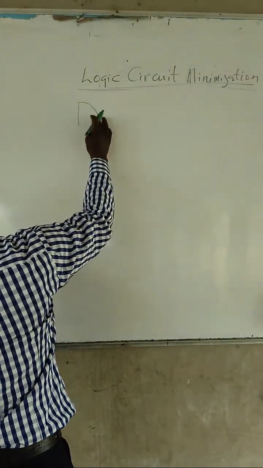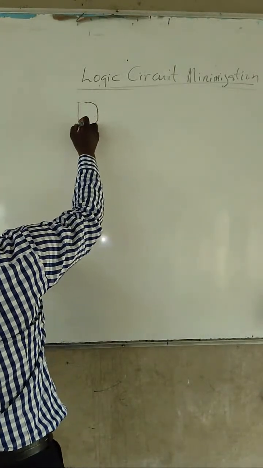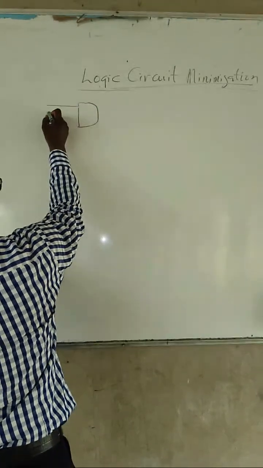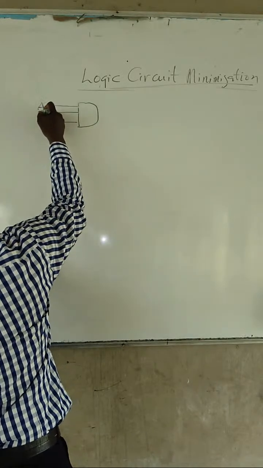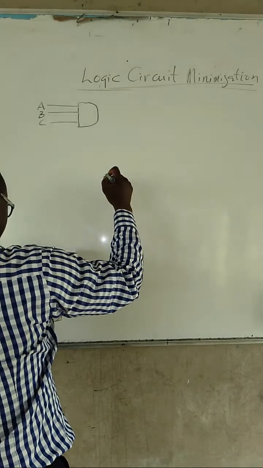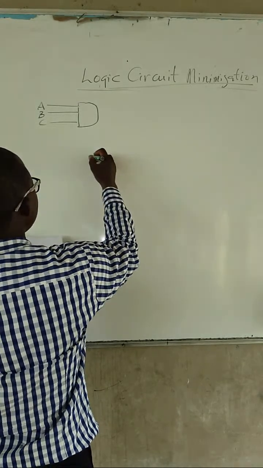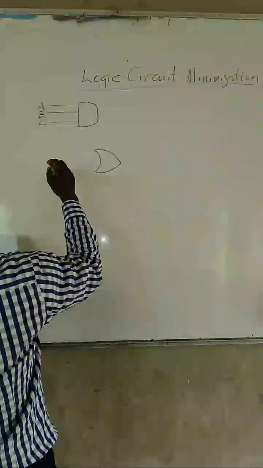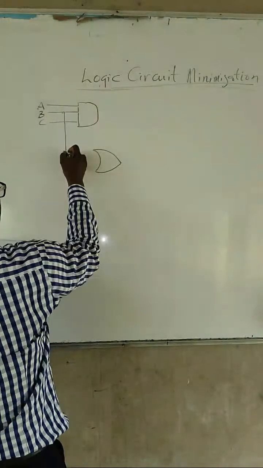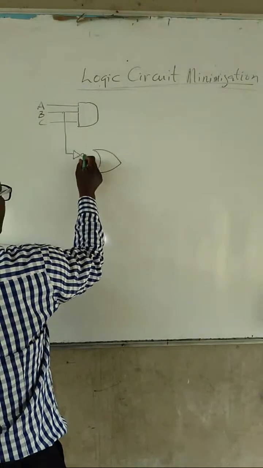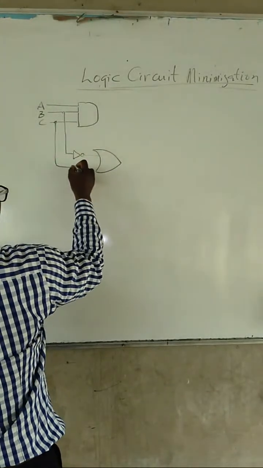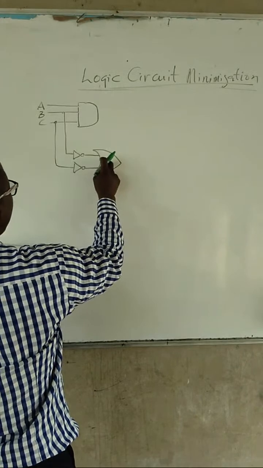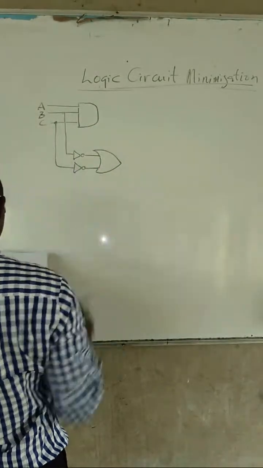We have AND gates starting with 3 inputs A, B, C. Then we have an OR gate somewhere not too far here for inputs B and C. So we are going to have a NOT gate for inputs B and C. Then input C. So what enters here now is not B and C, but B bar, C bar.